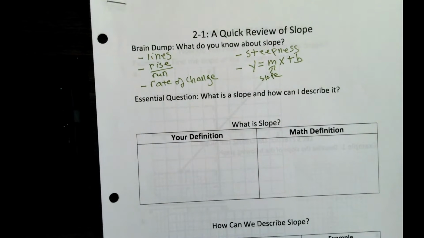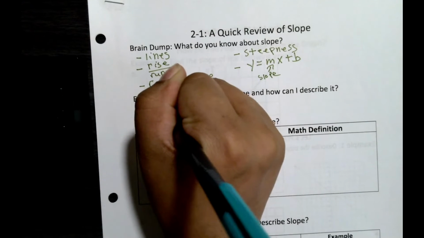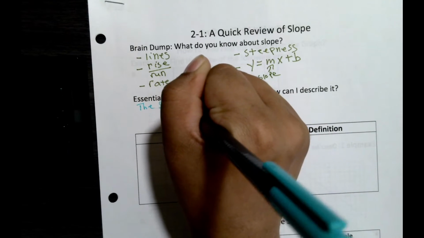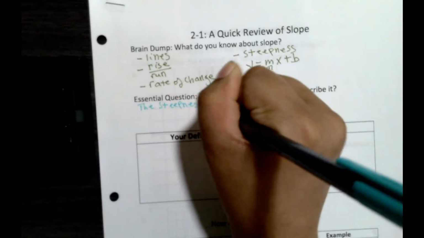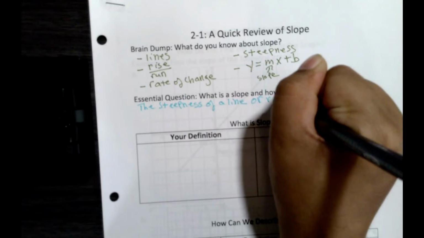So our essential question is, what is slope and how can I describe it? So slope is going to be the steepness of a line, or I like to say rate of change because that'll really help us.